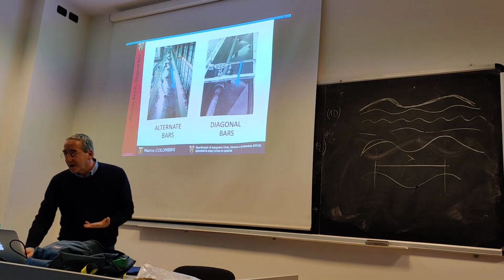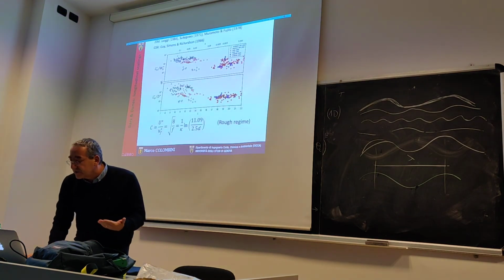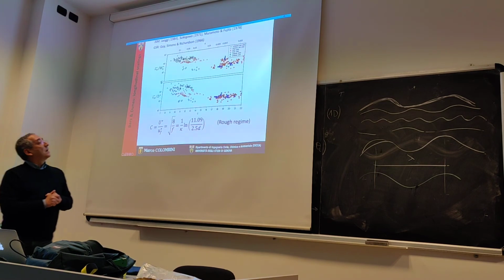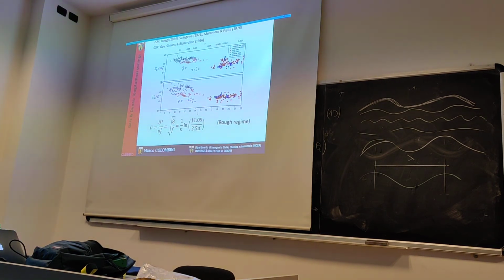So how can you realize this? You have to do exactly the same game that we did with ripples and dunes. Again, I have integrated the data set with also the runs for the alternate bars and for these diagonal bars that I called.